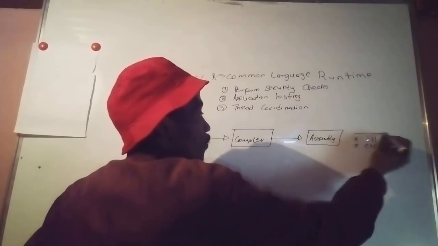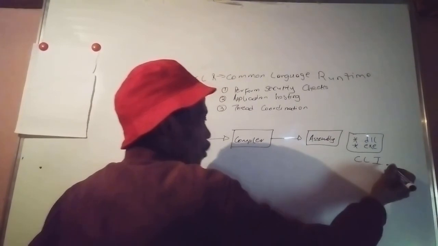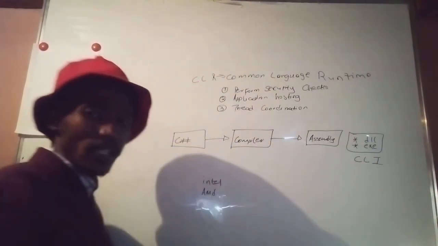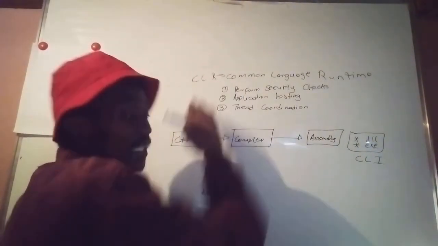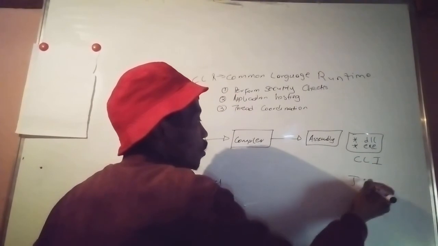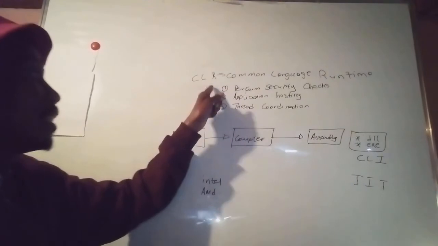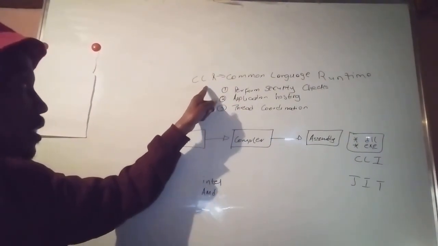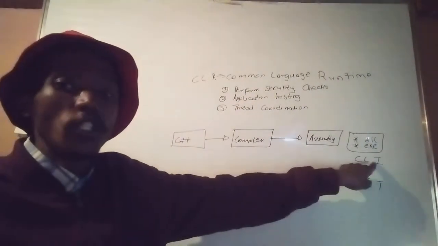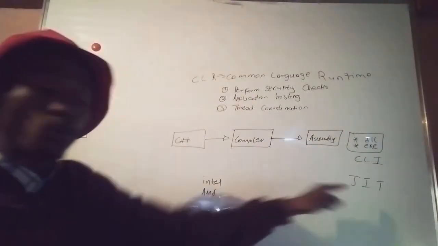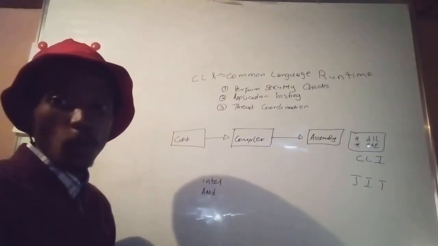The set of instructions of your program within these files is called CLI, Common Language Intermediate. Within the CLR component, there's another subcomponent called the JIT, the Just-in-Time Compiler. The Just-in-Time Compiler is going to take the CLI, the Common Language Intermediate, and convert it to platform specific instructions, depending on where your application will be executing.